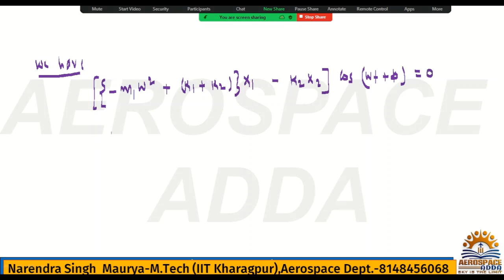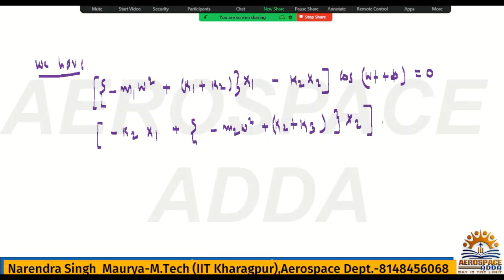Similarly, in the second equation also it's minus k2 x1 plus (minus m2 omega square plus k2 plus k3) x2, times cos(omega t plus phi), equal to 0.